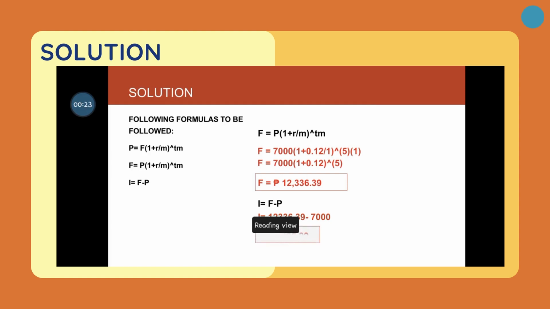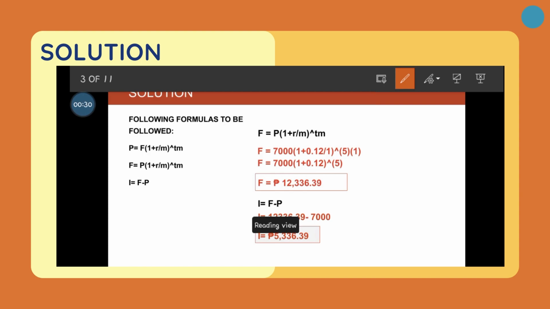We can get the answer of 5,336.39. Now our future value from the problem is amounting to 12,336.39 after 5 years, and its compound interest is amounting to 5,336.39. And there you have it.